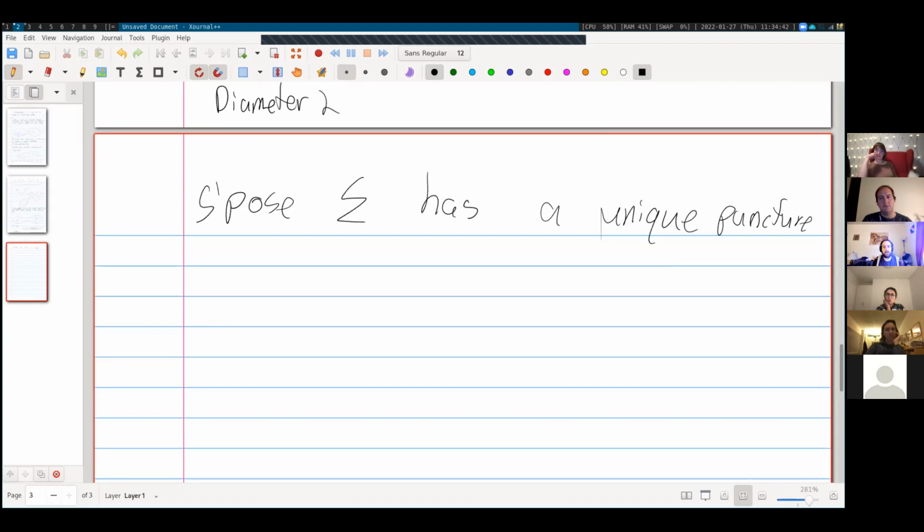By puncture, I mean a point that you could add, a place where you could glue in a single point, and then that area would be compact.